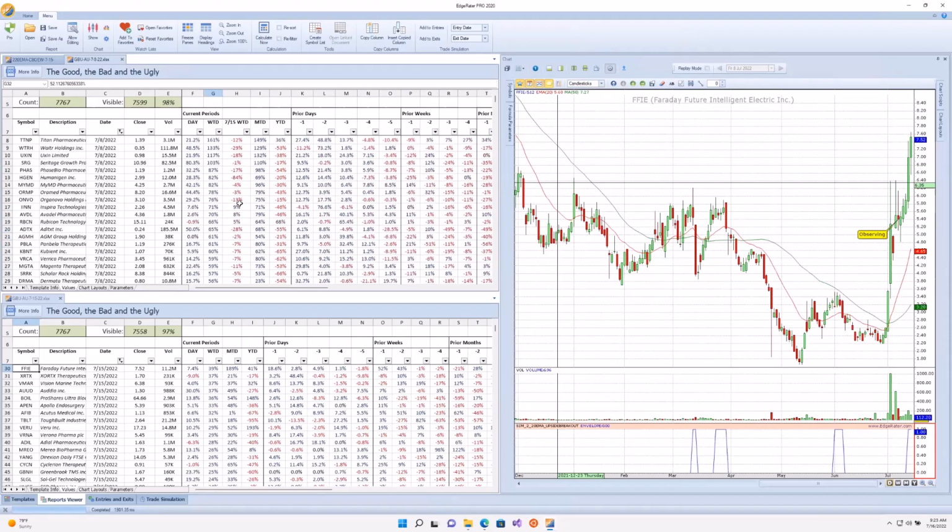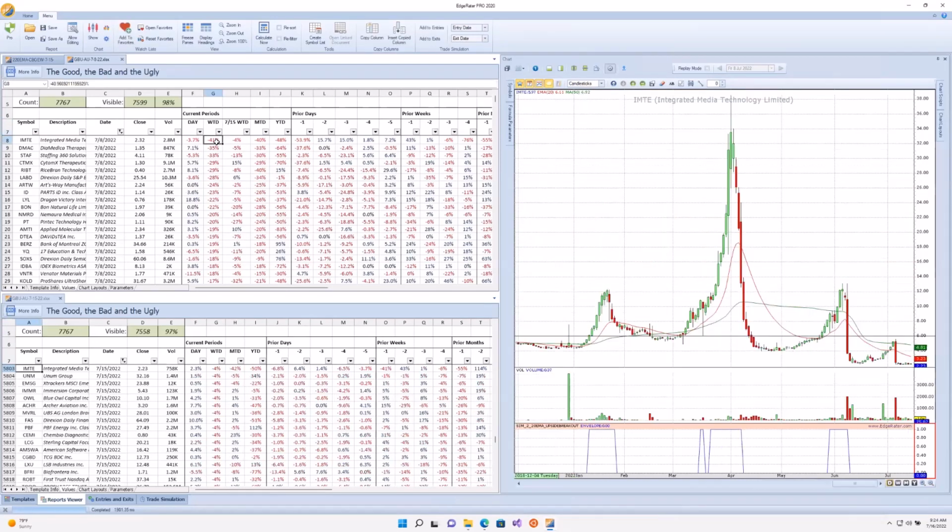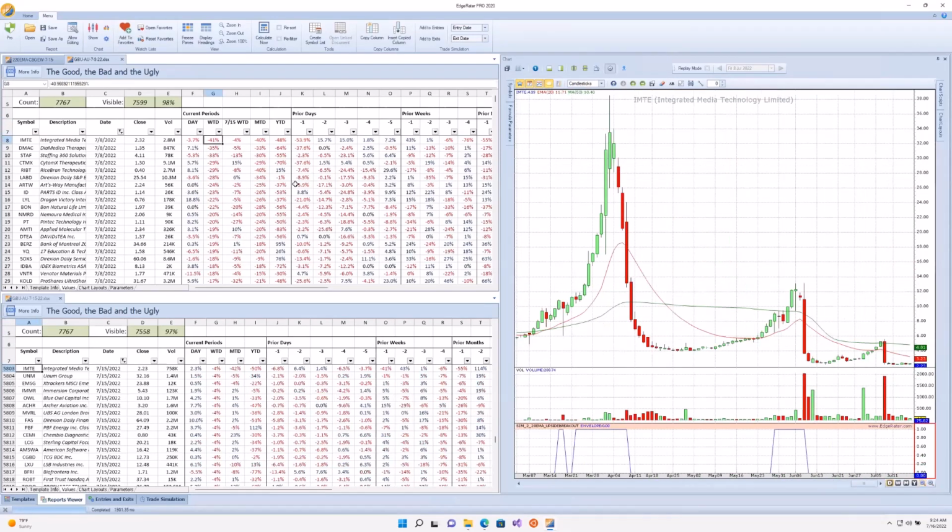And then you can do the opposite of that and find out about stocks that have made, say, big losses week to date. So now I'm looking at July the 8th, the stocks that had the most loss on July the 8th. And then I can just scan across and see what happened last week.